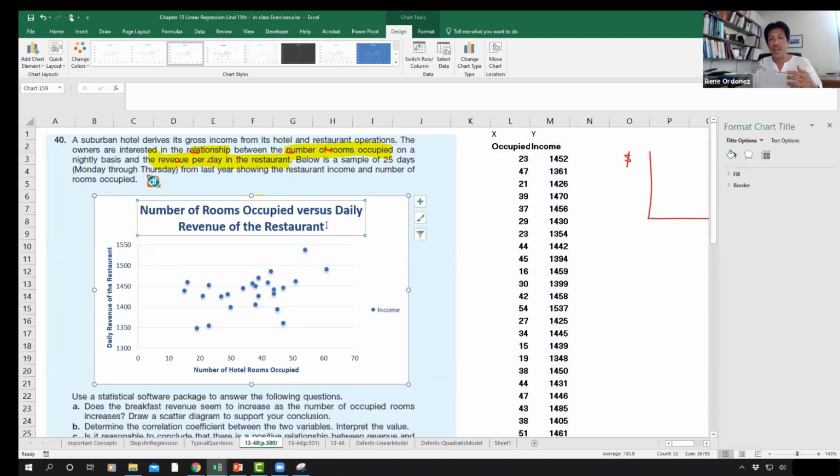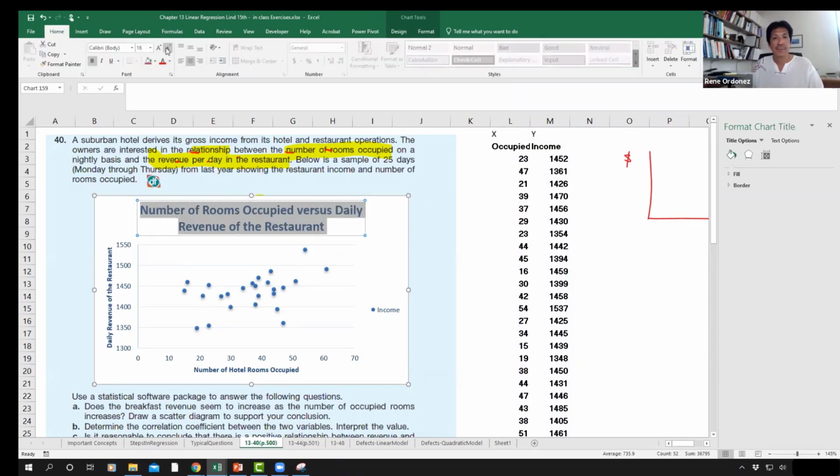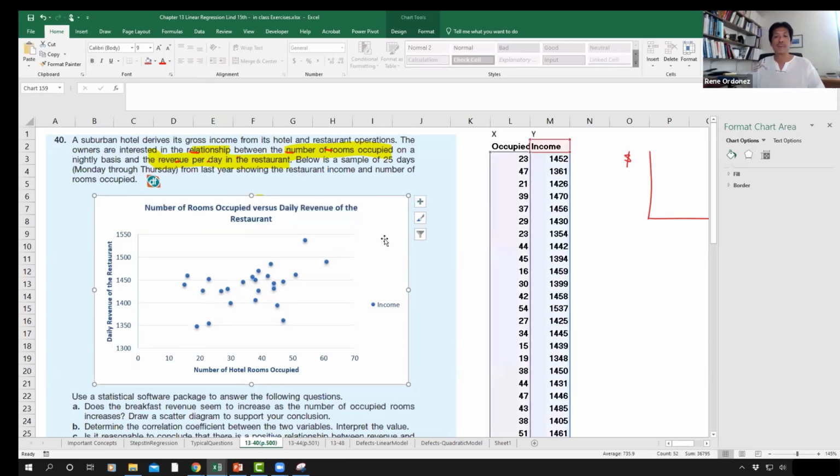And then you can change the font size to make your graph a little bit more appealing. Okay. As far as coloring the background or using different font colors, it's up to you.